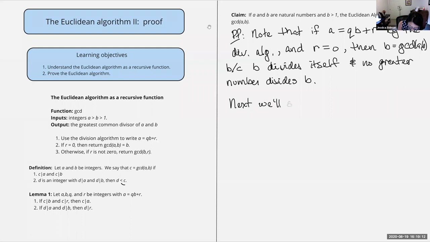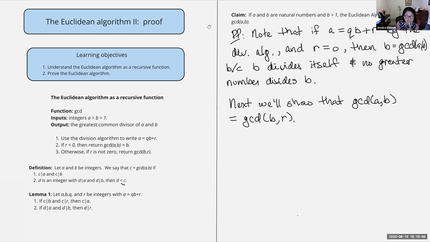Okay, so next we'll show that the GCD of A and B is equal to the GCD of B and R. And that will show us that if we return the thing in the third step, we're returning the right thing. So let's see why that's true. Let's look at that little lemma.